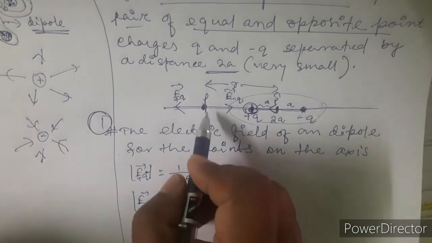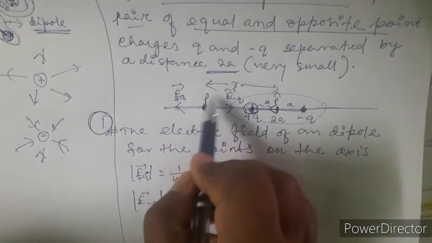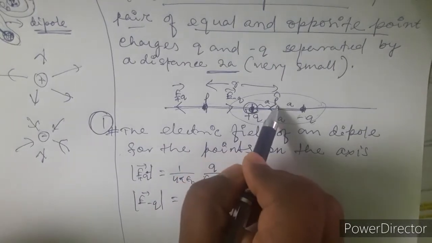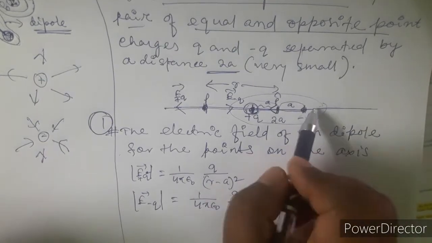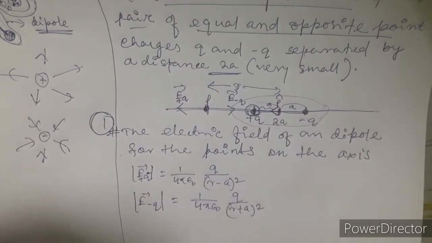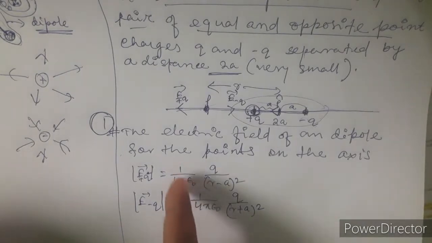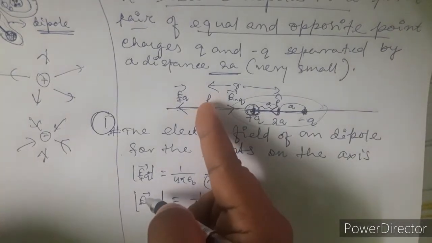What is the distance from minus q to P? P to center is r, and from center to minus q is a. So the total distance is r plus a, whole square. Clear? Now these are the two electric fields we got at the point P.